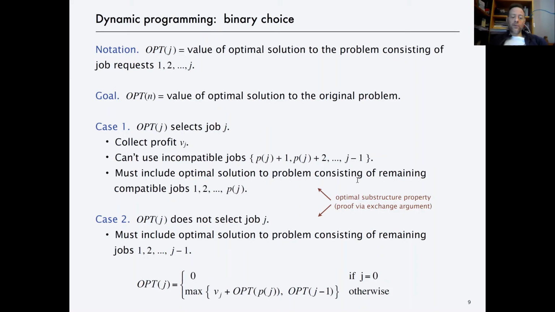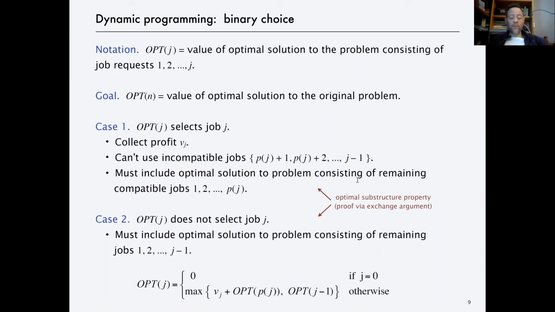And what we see here is also that this must include optimal solutions to the problem consisting of the remaining compatible jobs. So this has the optimal substructure property, just like we have with the greedy. And the second case is that we do not include job j. But again, we have to include the optimal solutions to smaller problems, the problems before this.